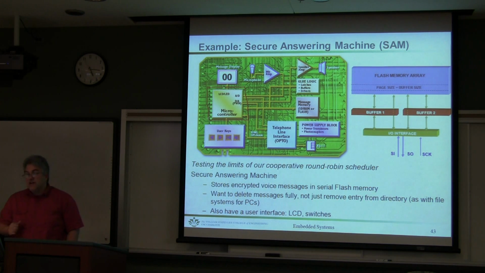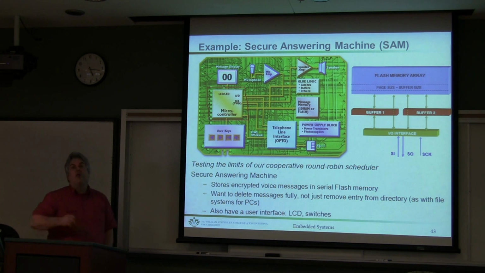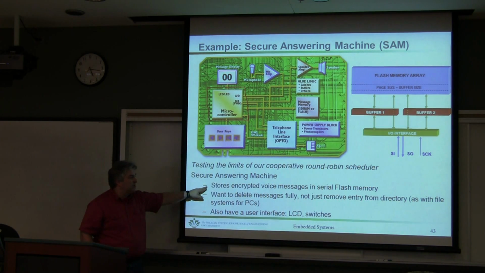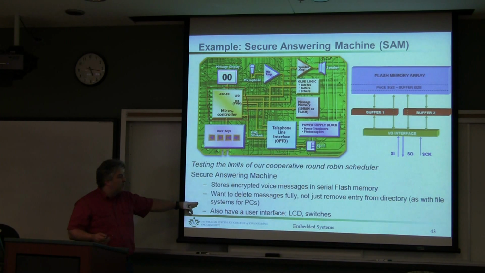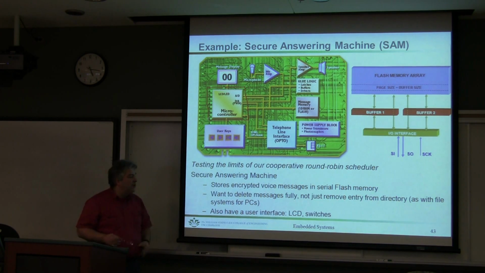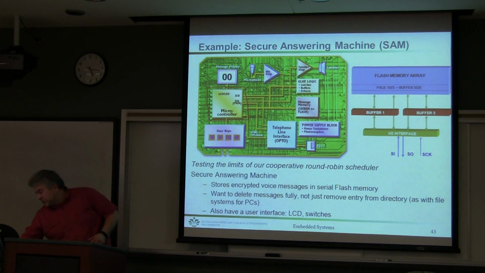So take a look at, if we were to use round robin, which we've looked at in quite a bit of detail, and you think about our answering machine, there are several things that are going on. Store the encrypted voice messages in some sort of non-volatile memory. If you want to delete messages, you have to take care of that, and then you also have a user interface.